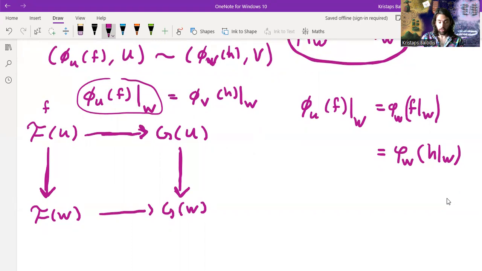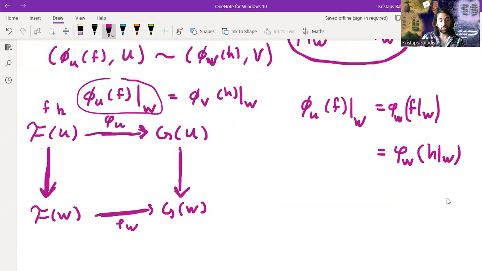So now I'm imagining I'm starting with H, and I've first restricted, and then I applied phi W. So maybe I should write that in here.